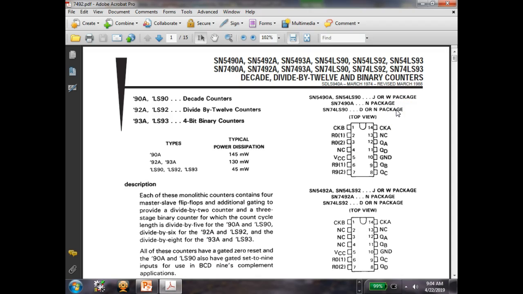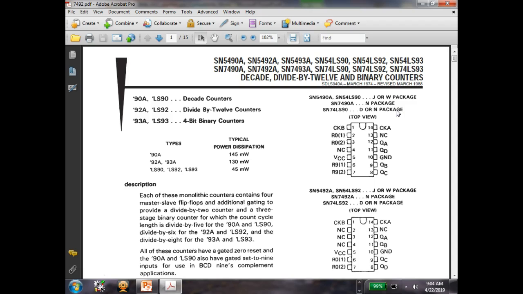So what's the difference between the 54 series and the 7400 series? We talked about this. The 5400 series is what we call military grade. It has better specifications. So if you look at the standard TTL voltage limitations, your VCC is 5 volts plus or minus 25%.